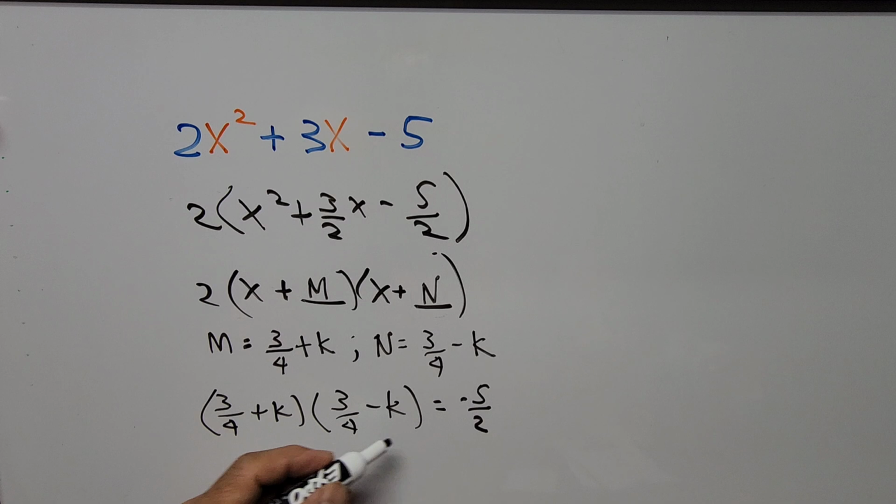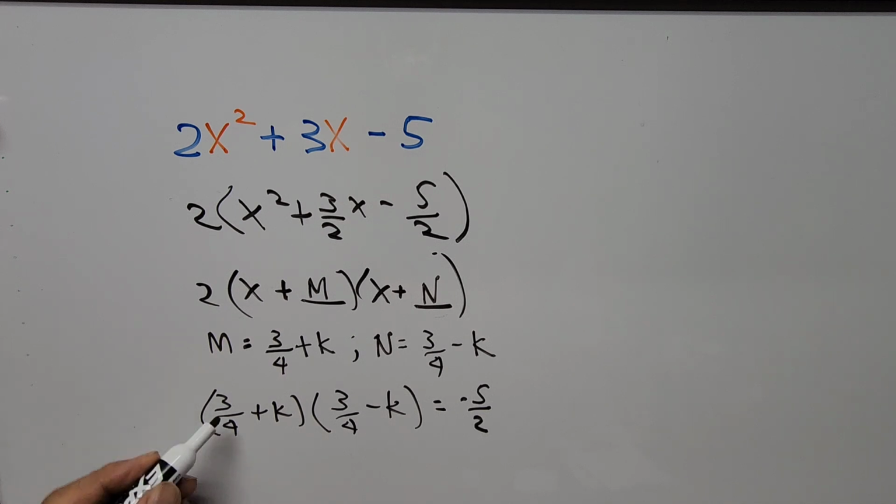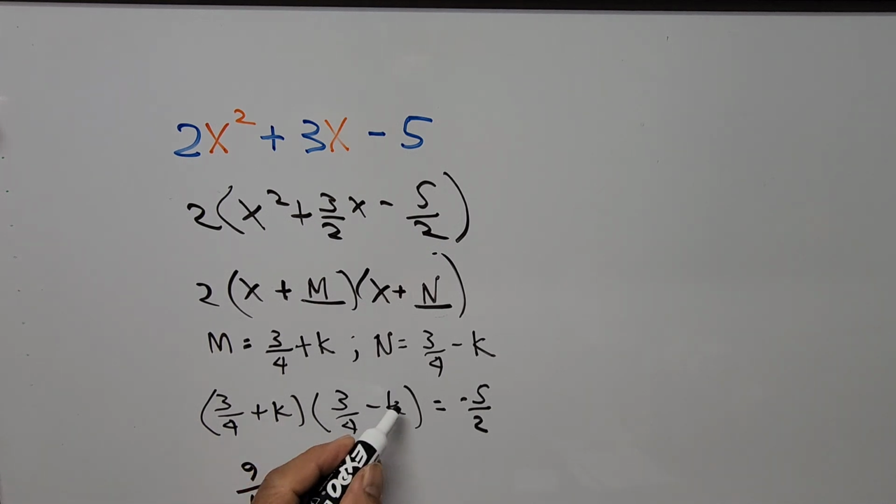If you notice, the left hand side of the equation is in the form of a difference of squares, right? So this must be 3 squared over 4 squared, that is 9 divided by 16. And here k and k, minus and plus, so that's negative k squared equals negative 5 halves.